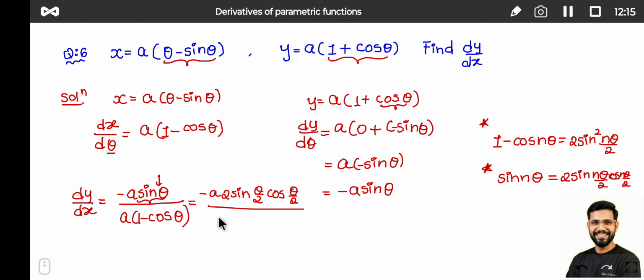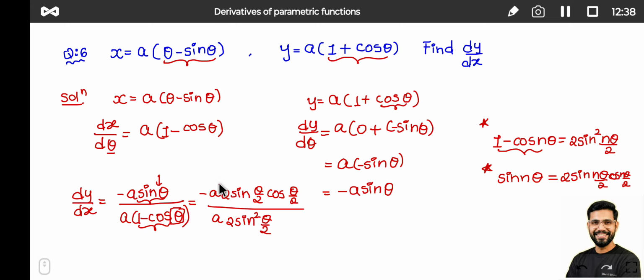In the denominator, a as it is, 1 minus cos theta. So the 1 minus cos n theta formula is 2 sin square n theta by 2. So that can be written as 2 sin square. Here also n is 1 because the angle is only theta, so we write half of that angle, theta upon 2.